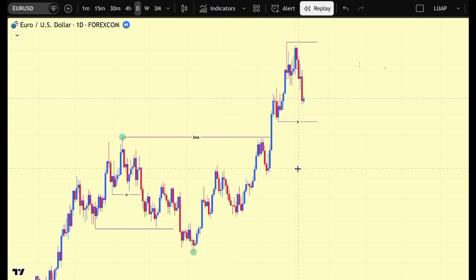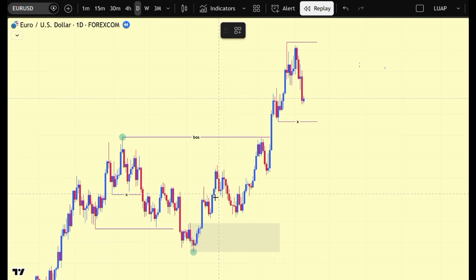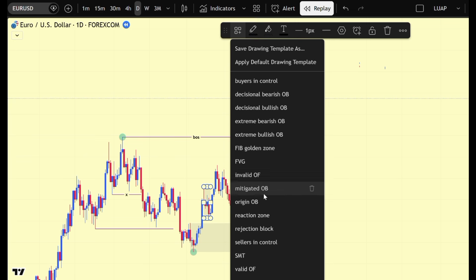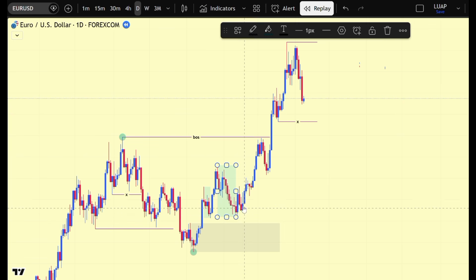And if I am to mark the POIs here, starting with the order flow, this here will make the extreme order flow. Actually, it's valid because it's not yet mitigated. The order flow that comes after it is mitigated, meaning it's invalid. I'll be shifting to the other order flow, which is also invalid as it's mitigated.